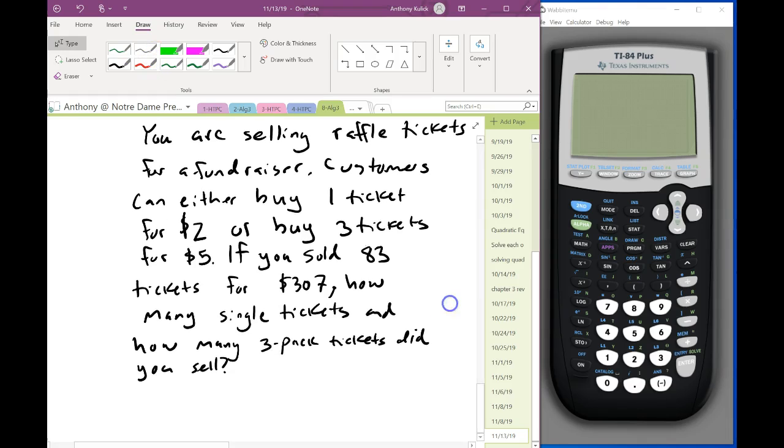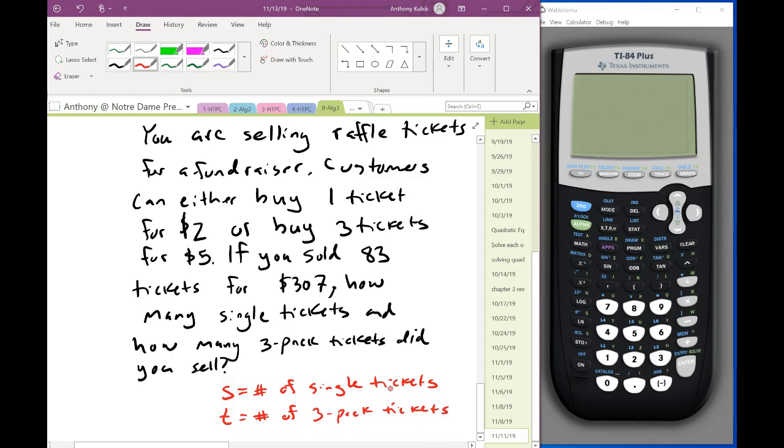So the first thing that I would do in a situation like this is assign a variable to represent each of the two quantities we're interested in. So maybe I'll use S for the number of single tickets and T for the number of 3-pack tickets.